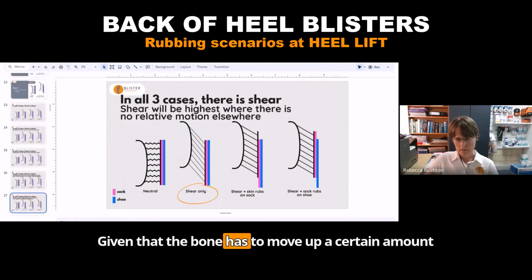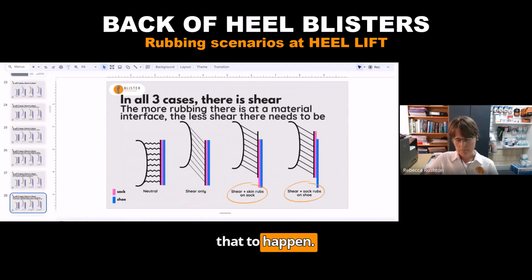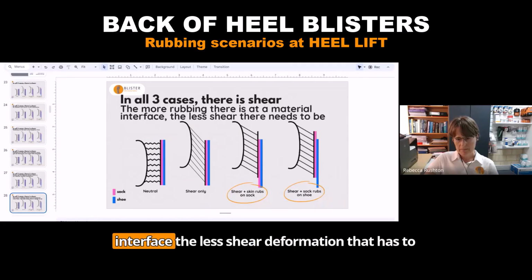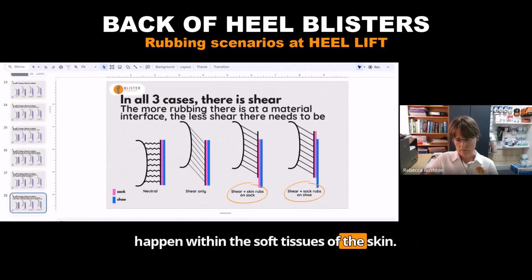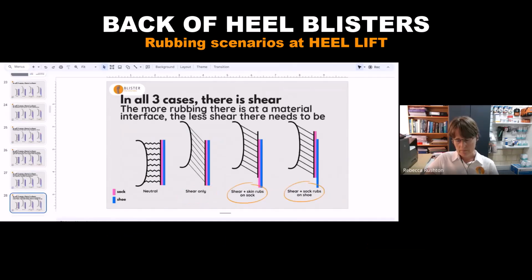Given that the bone has to move up a certain amount, the soft tissues will have to shear or deform to allow that to happen. And the more rubbing that occurs at a material interface, the less shear deformation that has to happen within the soft tissues of the skin. So basically, that isn't a blister prevention strategy, and these are.